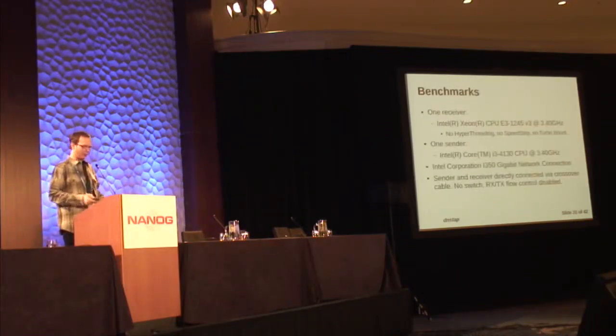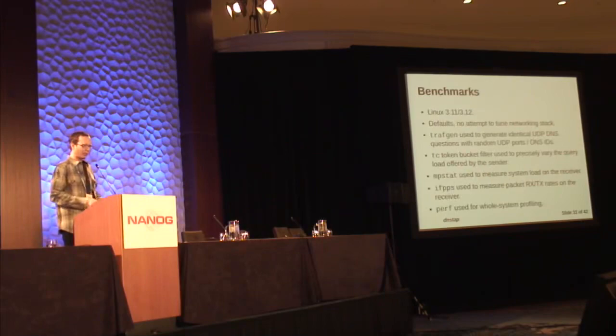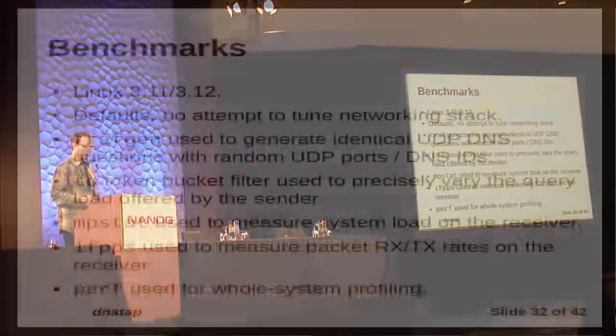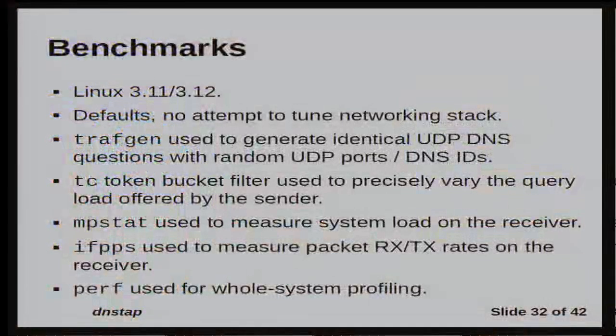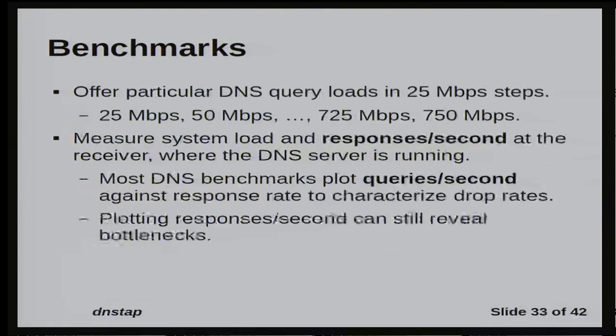You have various hardware details. We did fairly intelligent things, disabling various things that might affect the results. We used a whole bunch of software, various tools for generating the traffic, controlling it, and measuring the performance.